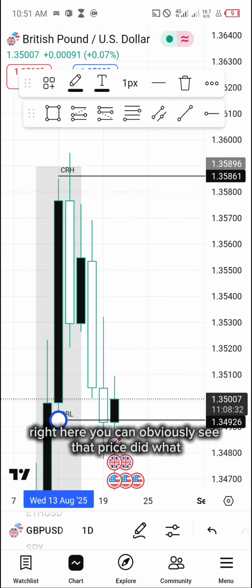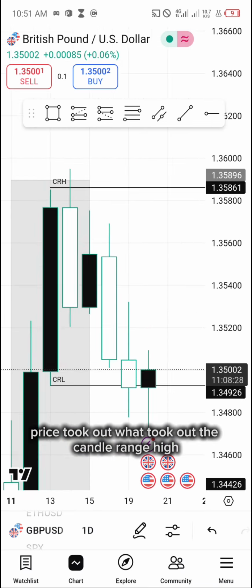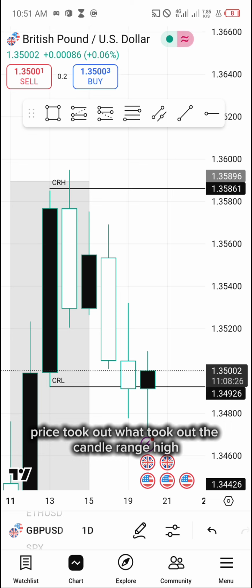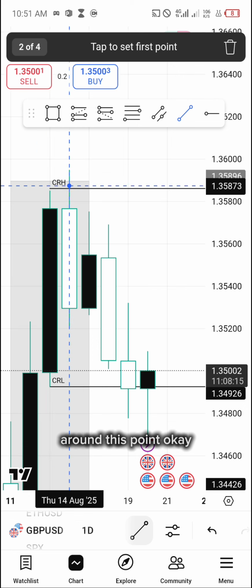You can obviously see that price took out the candle range high around this point.